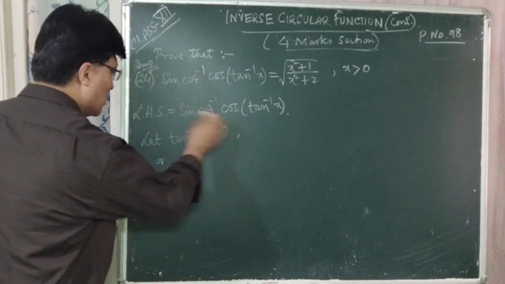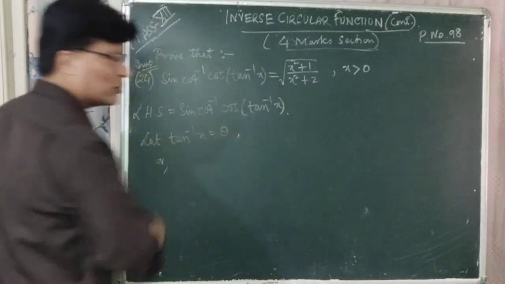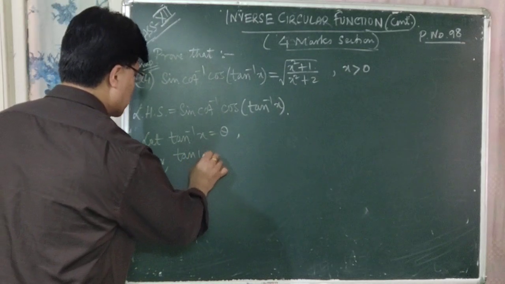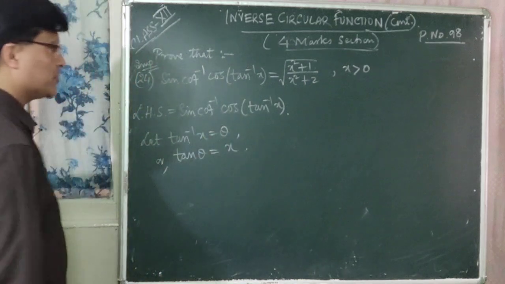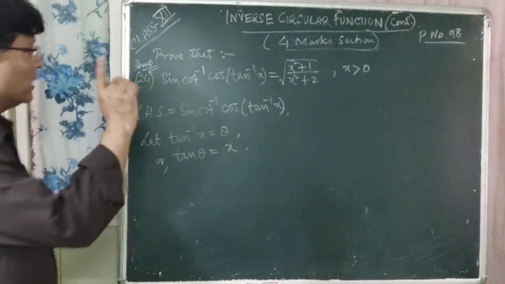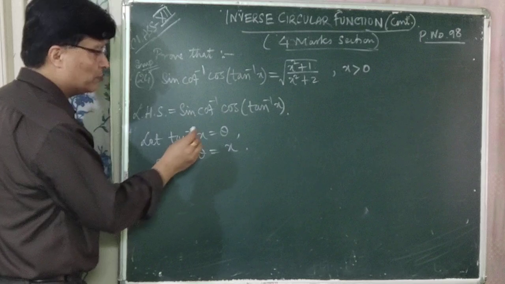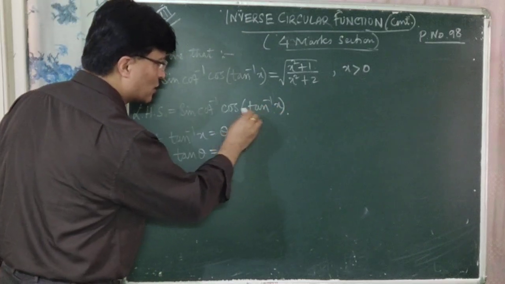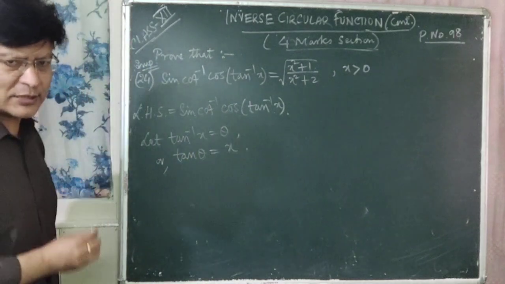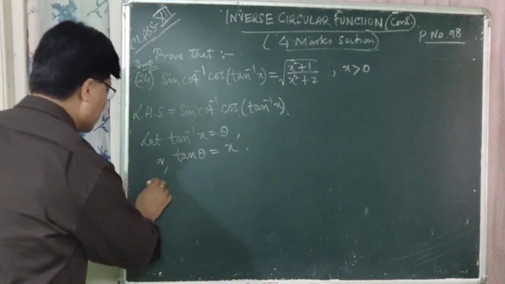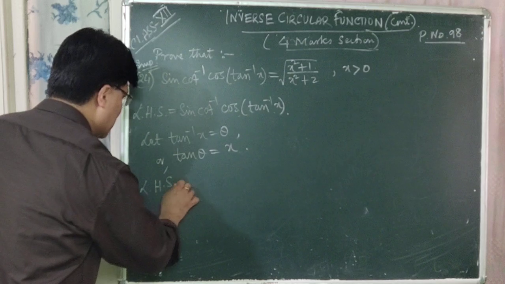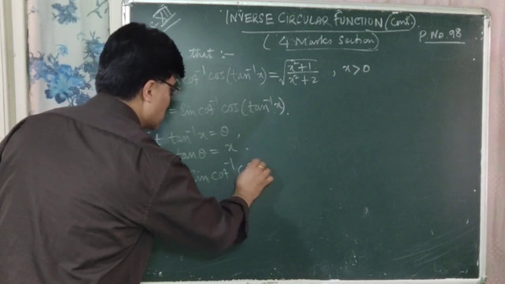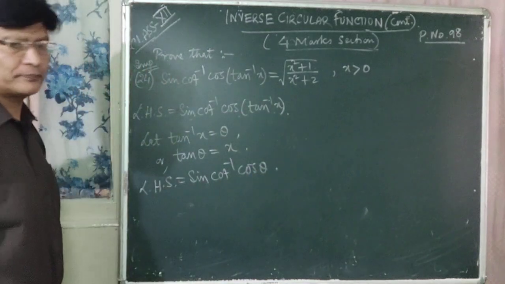That means when this tan inverse goes to the right hand side, it becomes tan theta, or tan theta is equal to x. Is that clear? Now if you assume tan inverse x as theta, this expression becomes cos theta. That means LHS now becomes sine cot inverse cos theta.